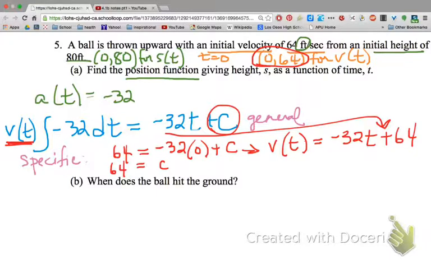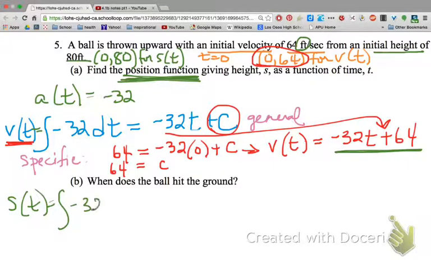But of course I'm not done, because I want the position function. So now to get back to the position function, I have to take the antiderivative of velocity. I should have had some equal signs up here. But velocity is this. So I have to take the antiderivative of that expression I just wrote.